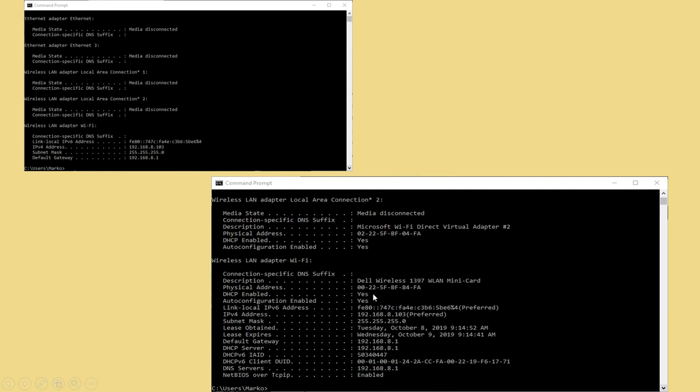DHCP enabled and auto configuration enabled are there. These are the statuses you get by using the ipconfig /all option, along with detailed information about your default gateway IP, which is 192.168.8.1. The DHCP server is that same address, and the DNS server is also 192.168.8.1.